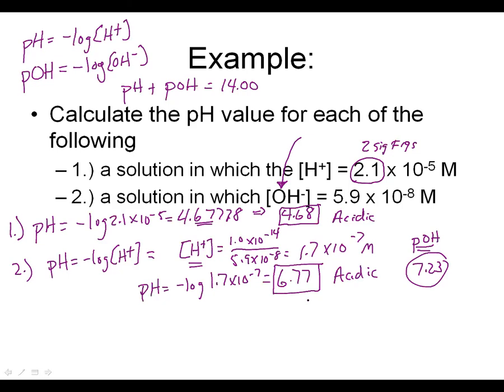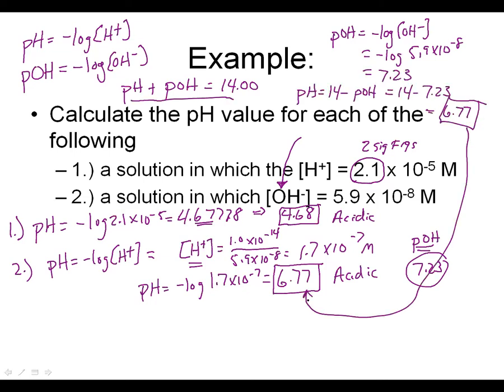So if you did the calculation without realizing that you were calculating the pOH, giving you your 7.23, you then could use this relationship here to get to the pH. It's a kind of convenient calculation because it allows you not to have to use Kw.